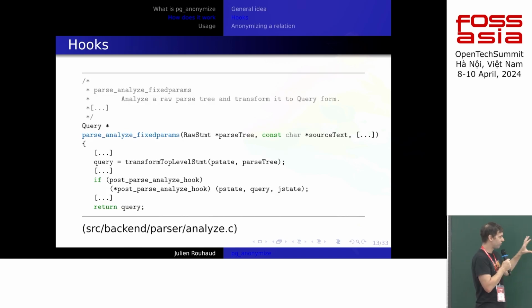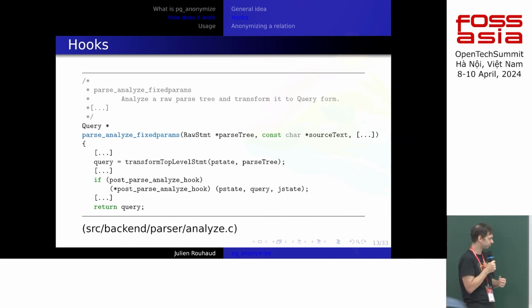For all the points in code I'm talking about in this talk, I show a quick example and the file where it's actually defined, so if you're interested, you can look a bit more into it. You have a lot of functions used for the parse analysis. One of them is parse_analyze_fixedparams, for when you have a fixed number of parameters. You get your raw statement as input data, and also the original query text and a bunch of other parameters that are not really relevant here.